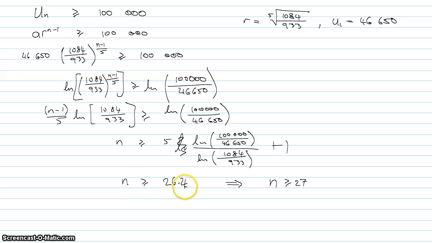In that case, that's 27. So if n is equal to 27, what does that mean? It means it's the end of the 27th year. So that means it's actually going to happen in the year 2021. And we always answer in words because they ask the question in words. And that is the end of the assignment.